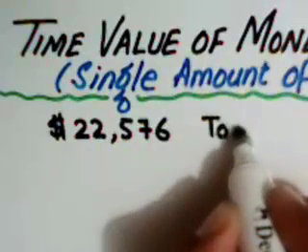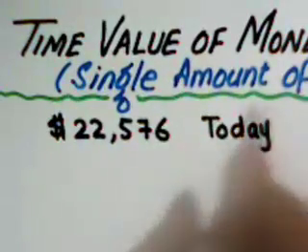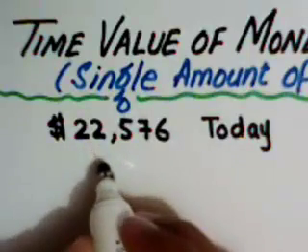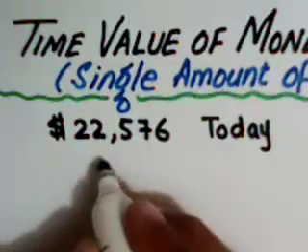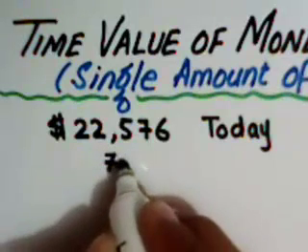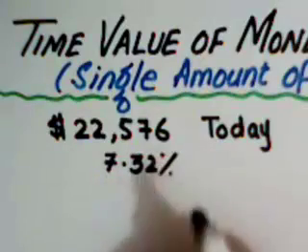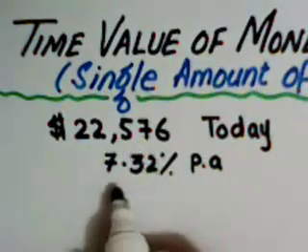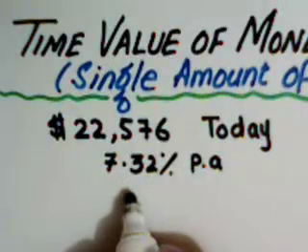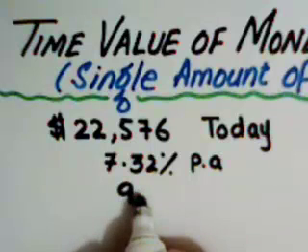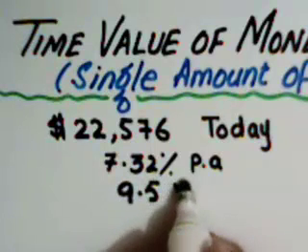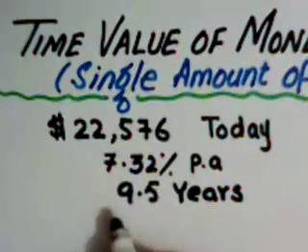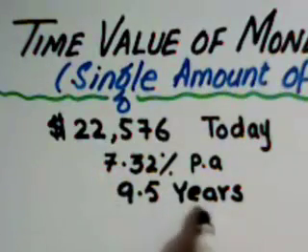We have this money today, and we want to know, if we invest this amount in a bank account which pays an annual compound interest of 7.32% per annum, for a time period of 9 years and 6 months, means 9.5 years, how much money shall we have at the end of 9.5 years?